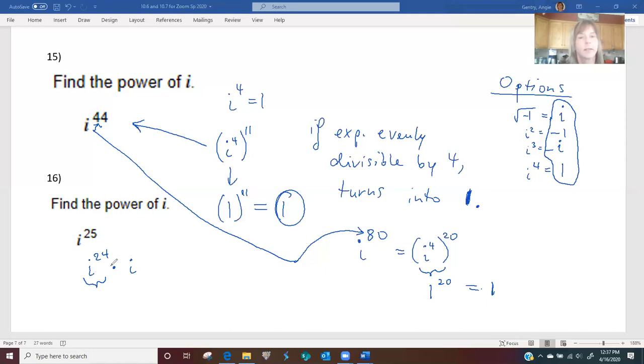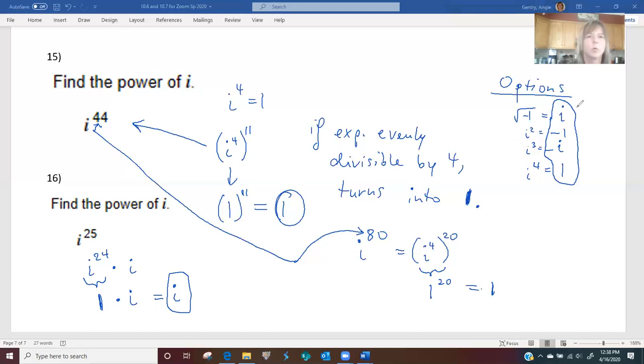Sometimes memorizing in math is good, really, just the basic rules and little tricks and stuff. This exponent is evenly divisible by 4, so this whole piece just turns into a 1. And 1 times i is i, you see? So in this case, this is your final answer. i to the 25th simplifies into an i. i to the 44th simplifies into a 1.